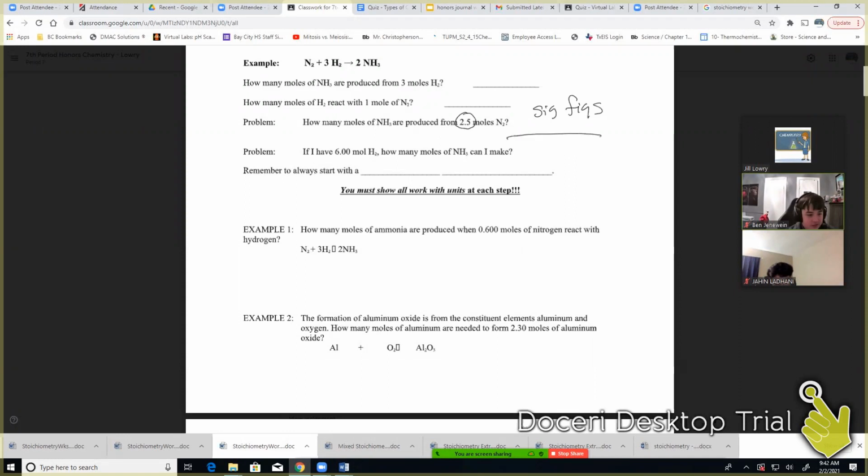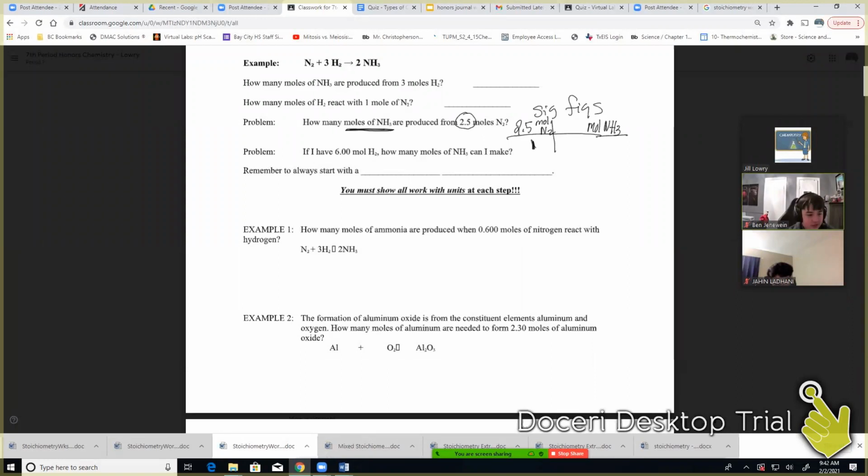I'm going to do this up here. 2.5 moles of nitrogen, and I want to get to moles of ammonia. Remember right here, we don't put anything in this lower box. You can think of it as having a 1 in it.